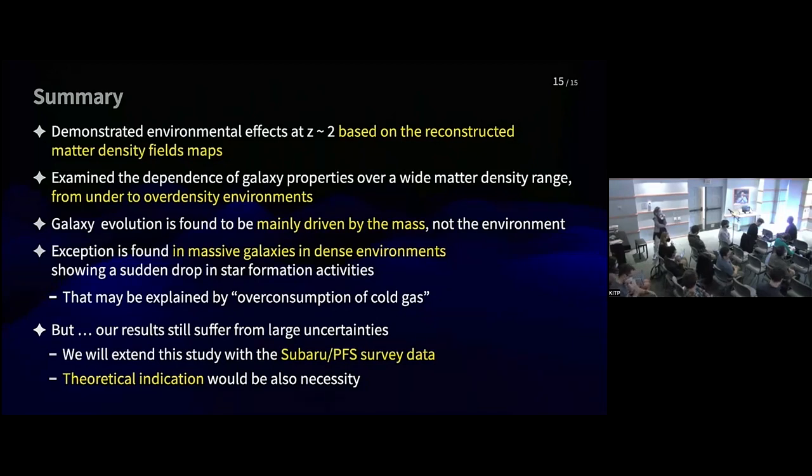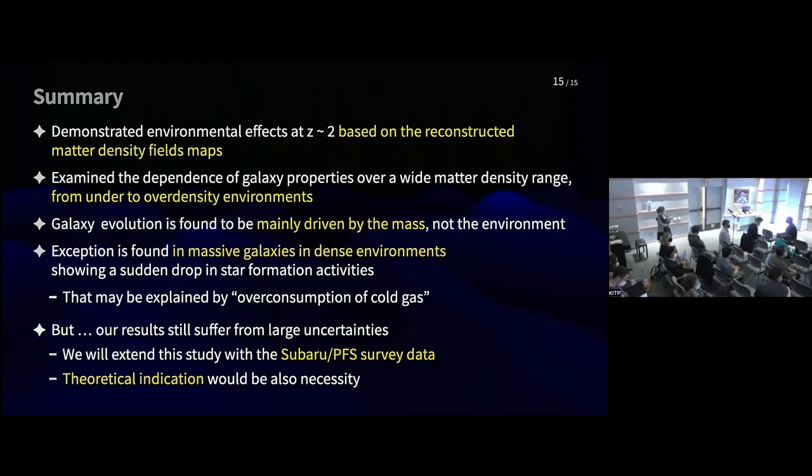For example, you said really close to the nodes, this is where the star formation activity drops. Now, in the much nearer universe, so close to a node, these are the backsplash galaxies that have been affected by the cluster, and we can see that the overwhelming majority of them are quenched because of this. Is this something at redshift 2 to think about, or is it completely different mechanics there?